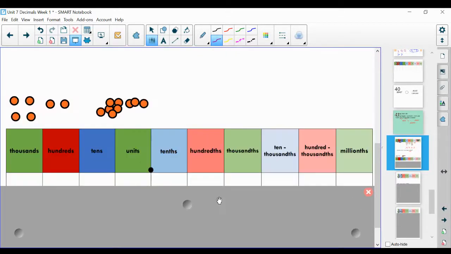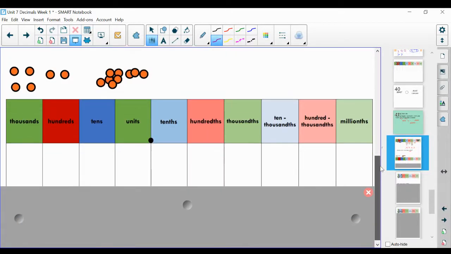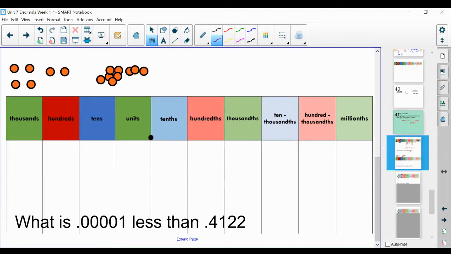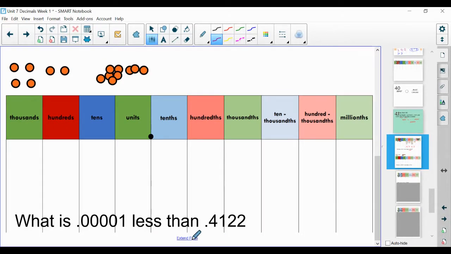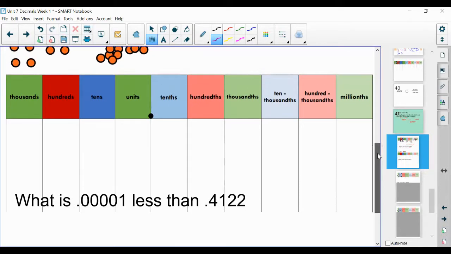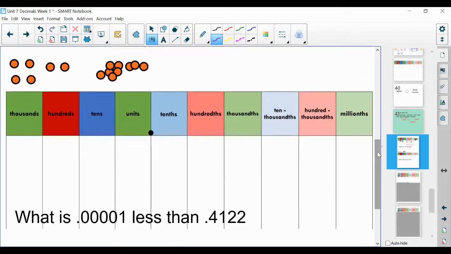Okay, now here's your example for subtraction, or finding less. And these ones we're actually going to put our counters into, okay? So now what we're going to do is find 1/100,000th less than 4,122 10,000ths.